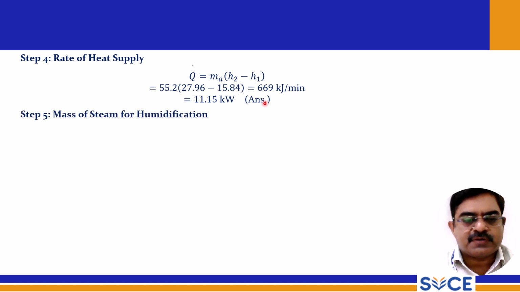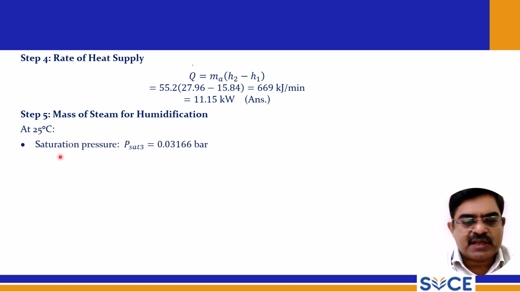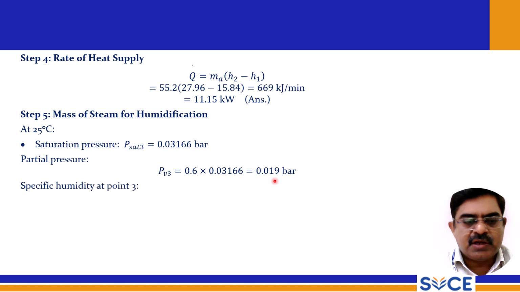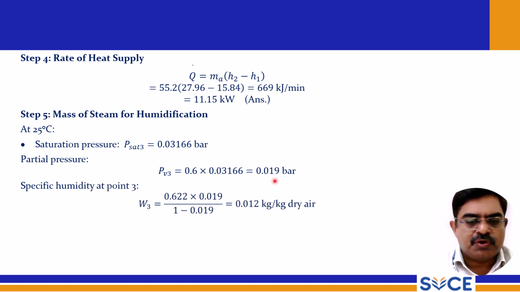And mass of steam for humidification, so at 25 degrees Celsius, saturation pressure Psat3 equal to 0.03166 bar. So partial pressure Pv3 equal to 0.6 into 0.03166. It is coming as 0.019 bar, and specific humidity at point 3, W3, can be found out. We know all these values, so we can directly find it as 0.012 kg per kg of dry air.